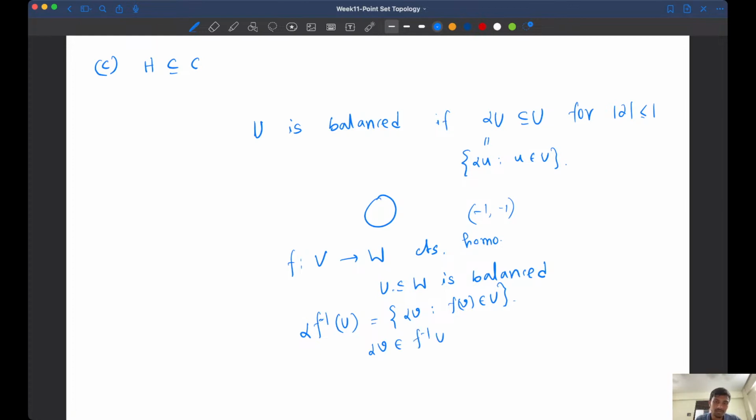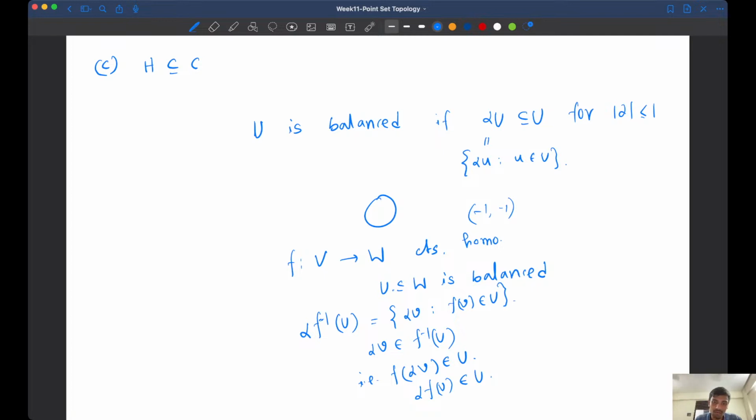That means F of alpha V belongs to U or not. But you already know F is a vector space homomorphism, so F of alpha V is nothing but alpha F of V, and F of V belongs to U. So alpha F of V belongs to U as U is balanced.